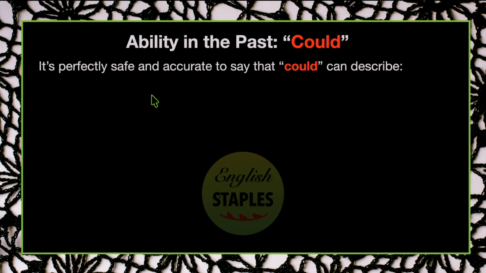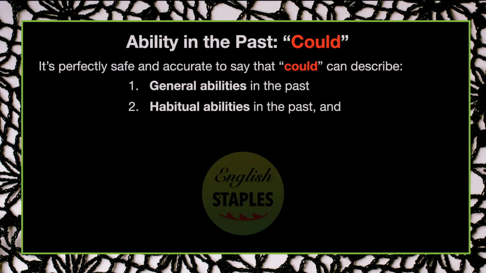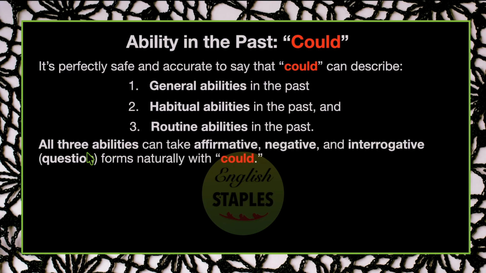It is perfectly safe and accurate to say that could can describe 1. General abilities in the past. 2. Habitual abilities in the past. And 3. Routine abilities in the past. All 3 abilities can take affirmative, negative, and interrogative forms naturally with could.